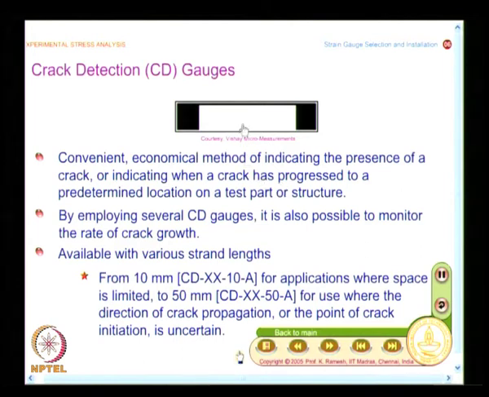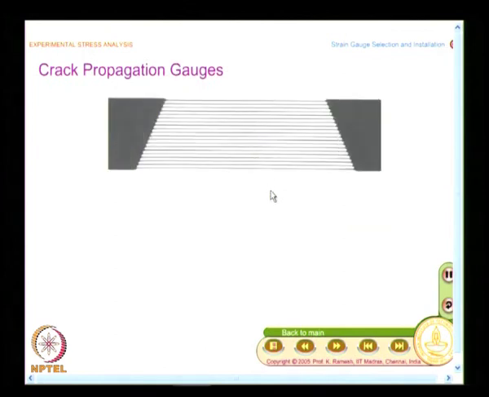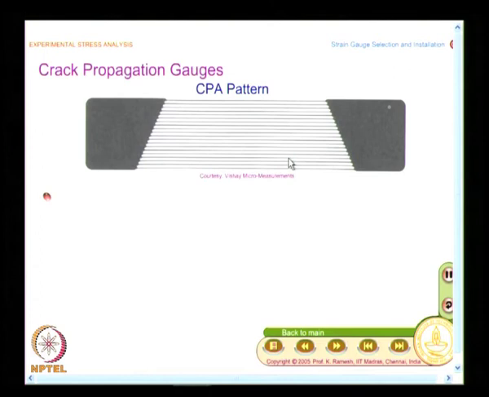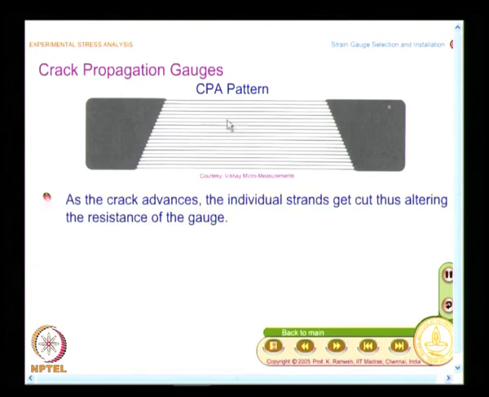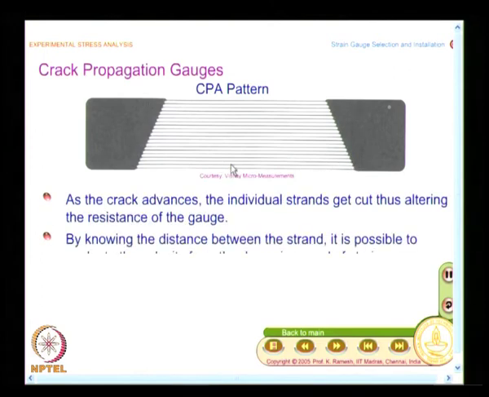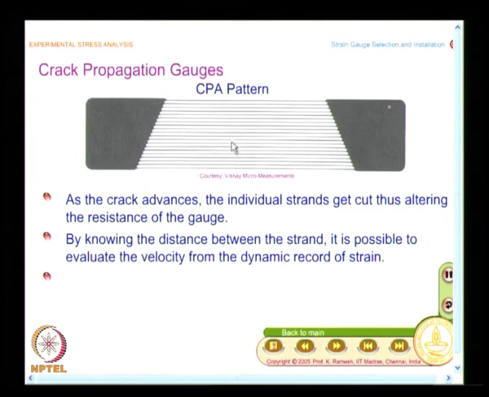And we also have another variation of this, which is meant for measuring the velocity of crack propagation. So, what you have here, in one foil I have several strands shown here. As the crack advances, the individual strands get cut, thus altering the resistance of the gauge.